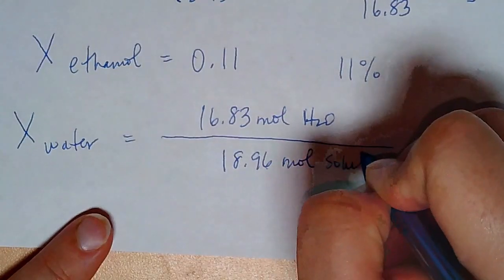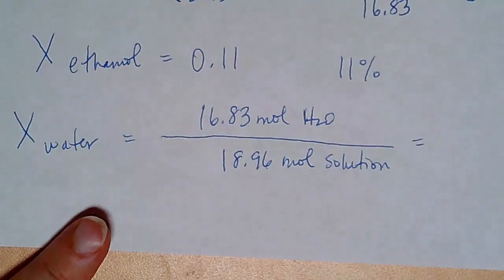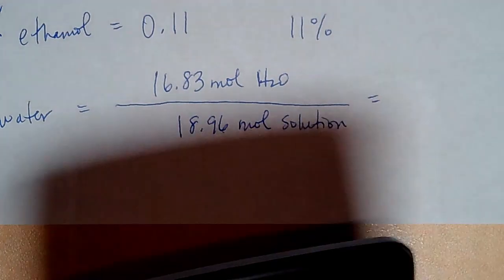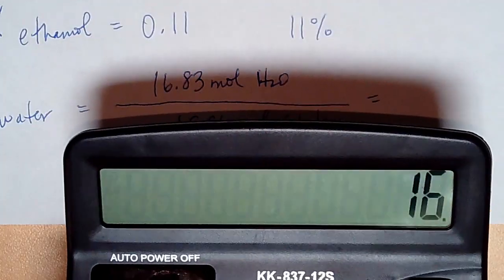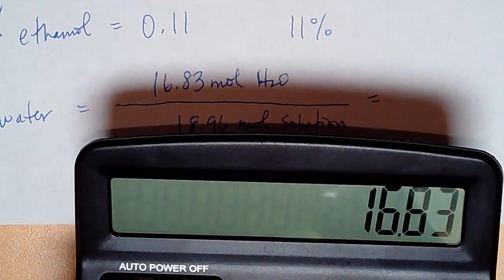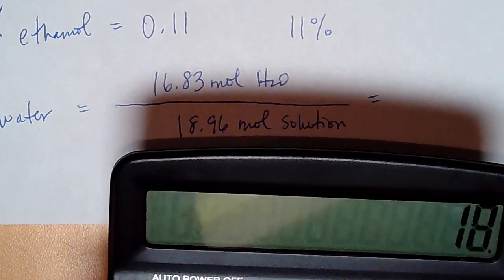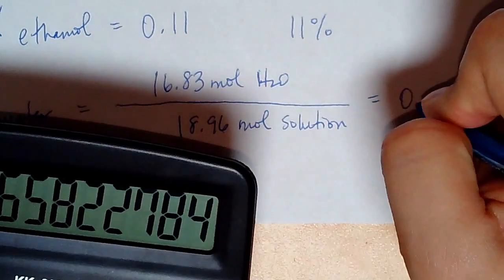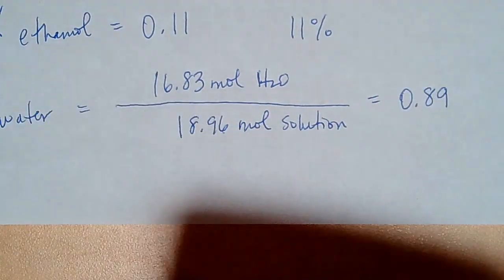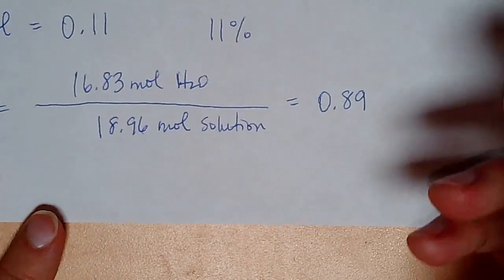So we'll put that on the bottom. And we can calculate our mole fraction of the water. So 16.83 divided by 18.96, and we have 0.89 for our mole fraction. And as a percentage, this would be 89%.